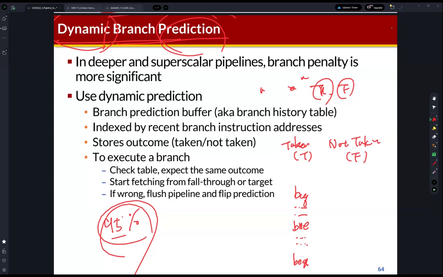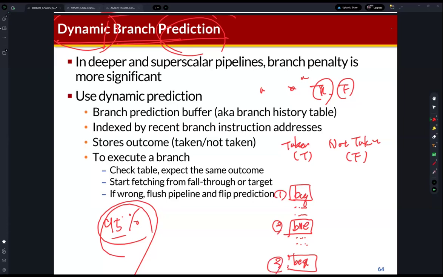Then we can expect that the behavior of these branch instructions is independent, so the behavior patterns are different for different branch instructions, right? This is branch instruction 1, 2, 3.